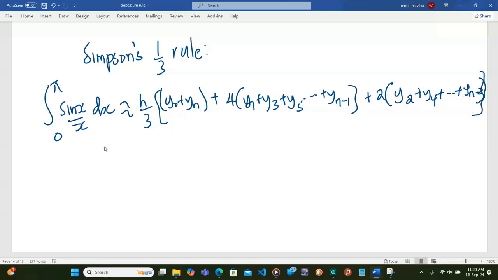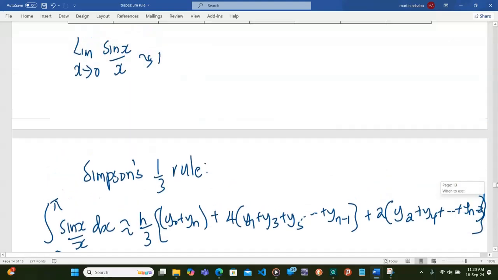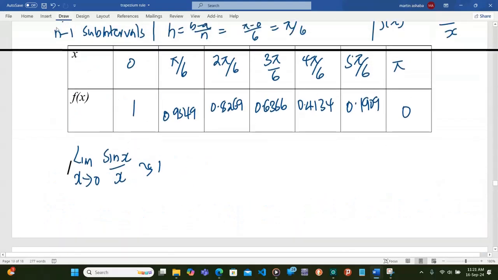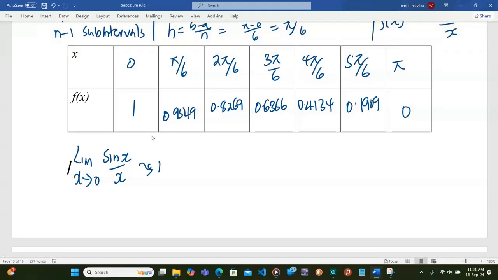That is how we get the integral using Simpson's third rule. But when we go back up here, we can determine what is y naught, y1, y2, y3, y4, this is y5, and this is y6.